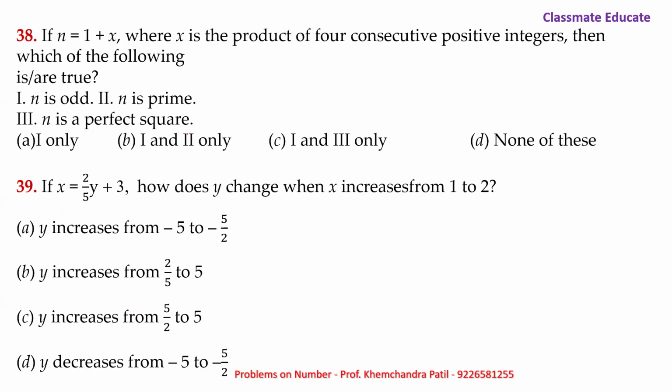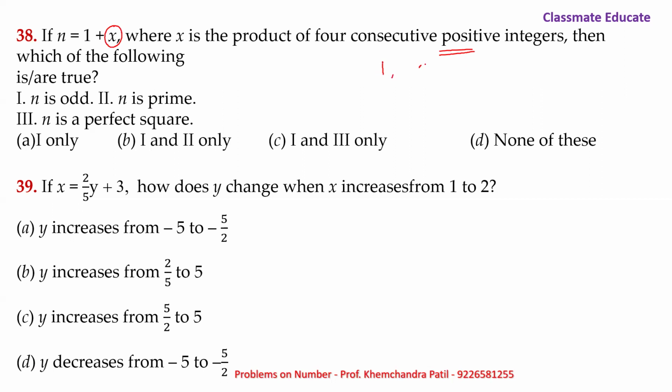If n is equal to 1 plus x, where x is a product of four consecutive positive integers, then which of the following must be true? So what is the value of x? x is equal to the product of four consecutive positive integers. You can take any example.